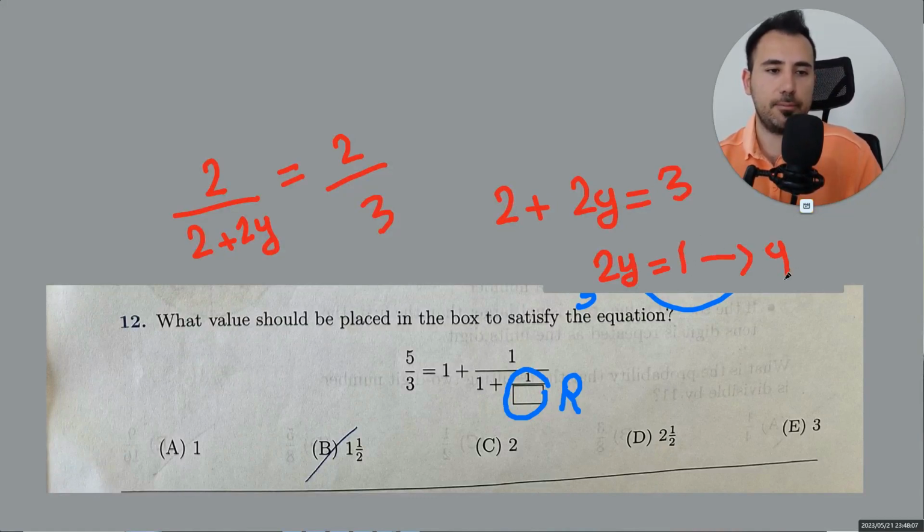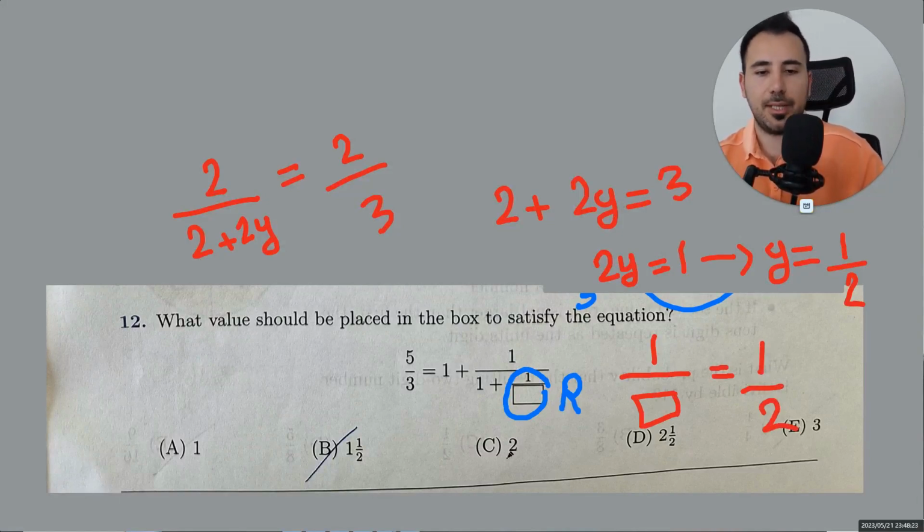So y, which was our R, Raven, okay, is 1 over 2. So that means this triangle was 1 over 2. So this is 1 over 2. So the answer is 2.